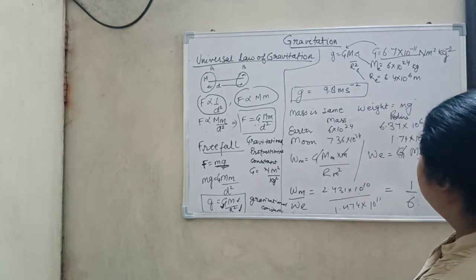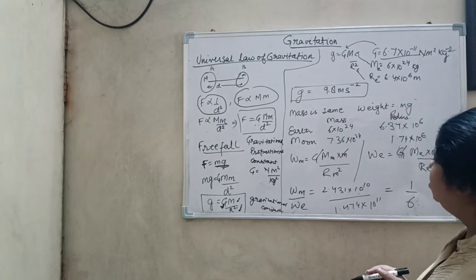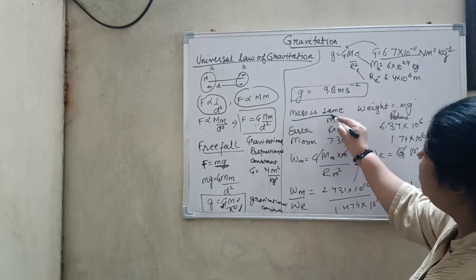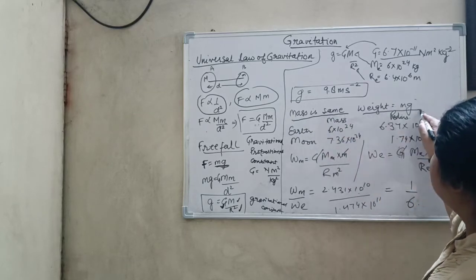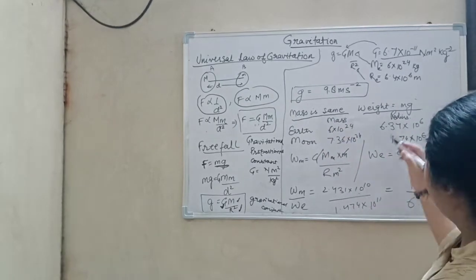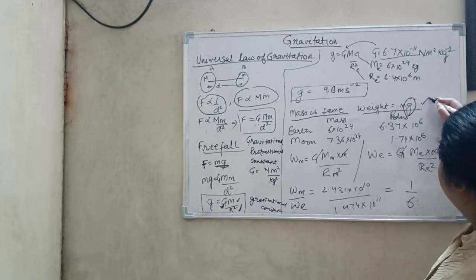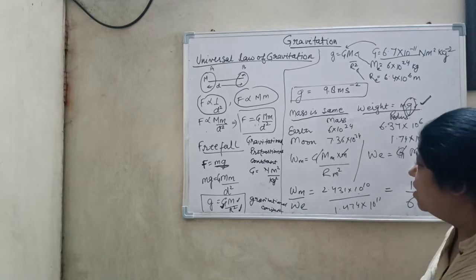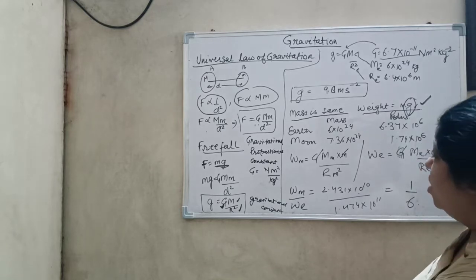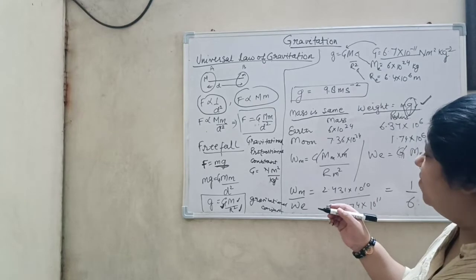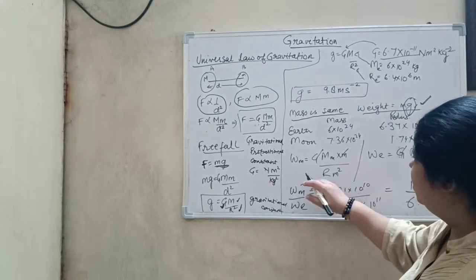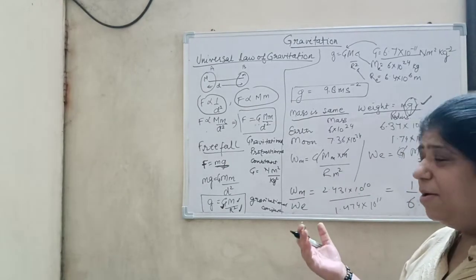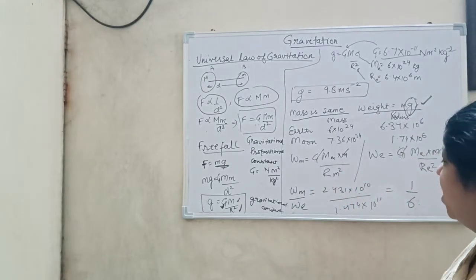Now we will find that the mass of any object is the same everywhere, but weight is different. It depends on g. If you are on the moon, the value of g will be different. If you are on earth, the value of g will be different. Now we'll find out the relation between the weight on moon and the weight on earth.